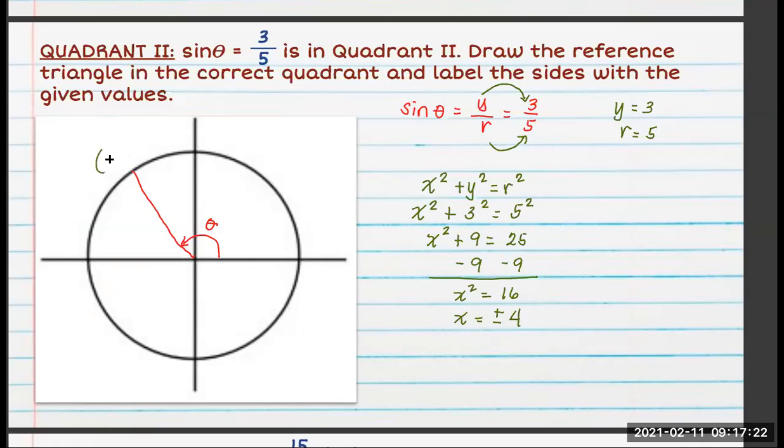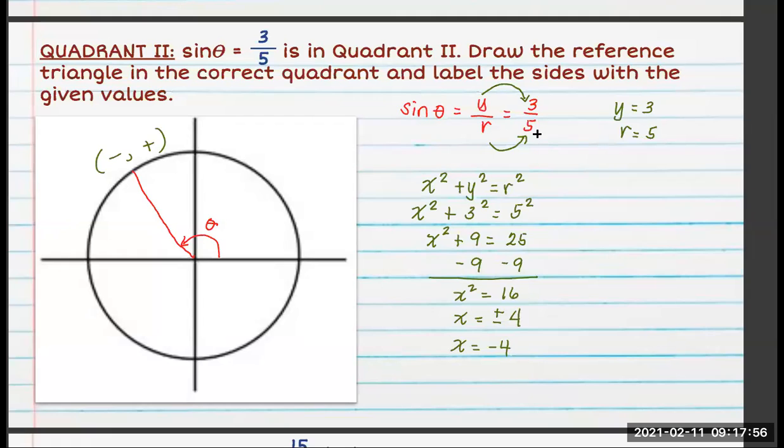So here, your x is negative and your y is positive, correct? That's why your sine is positive and your cosine is negative, okay? So we have to use x equals negative 4. Got it? That's why the quadrant where the terminal side of theta is, it is important because it tells you the sign of the x and the y.